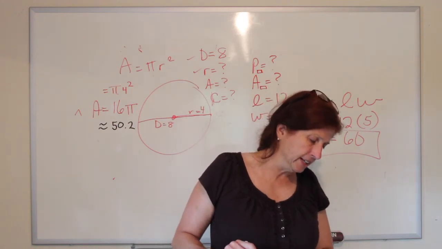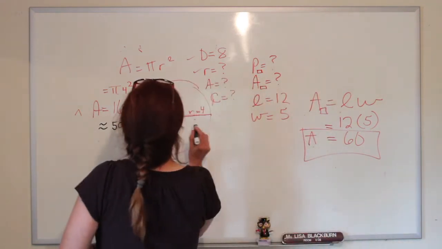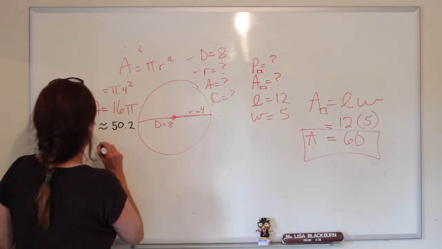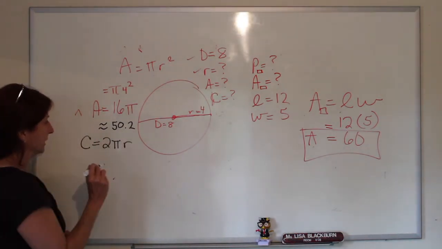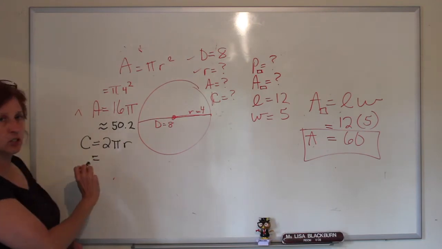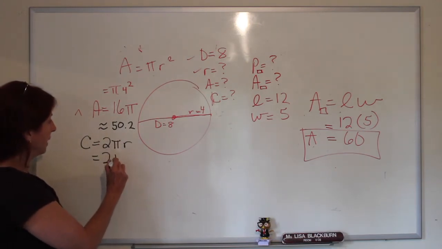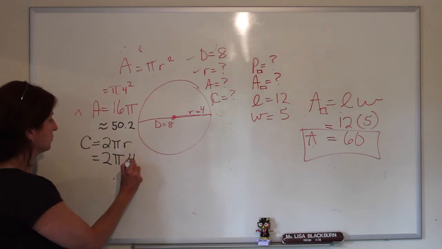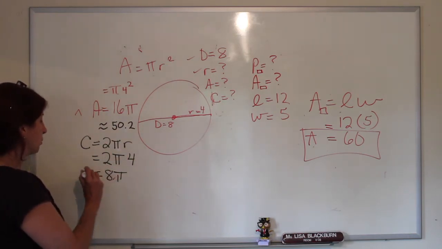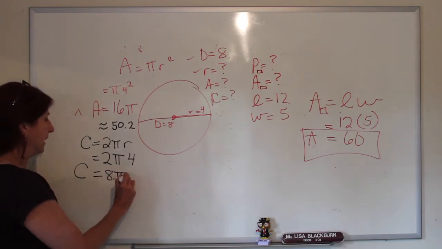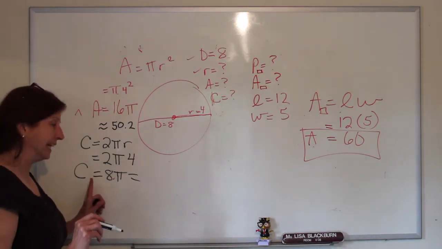All right, our next one is the circumference. Do we write our formulas down? Circumference equals 2 pi radius. So we just substitute in 2, pi is pi, and the radius is 4. 2 times 4 is 8. So the correct answer is 8 pi, the one that really equals.